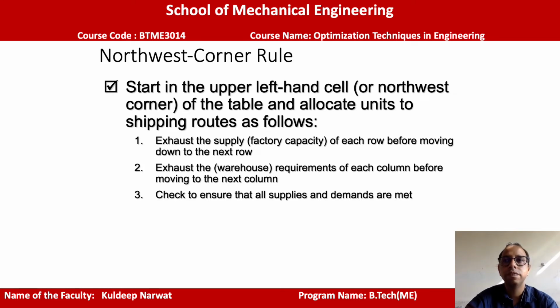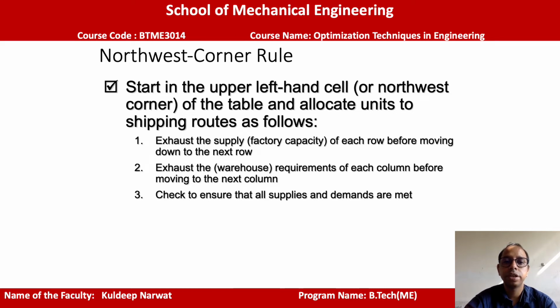First of all, we start with the corner of the matrix, right? The matrix shown on the previous page, we start with the corner point from the top left side. We'll be exhausting the supply, the factory capacity, of each row before moving down to the next row. The next step would be exhausting the warehouse requirements of each column before moving to the next column.